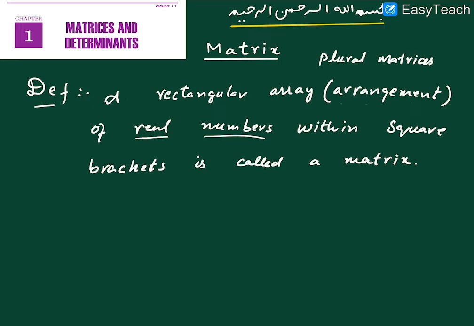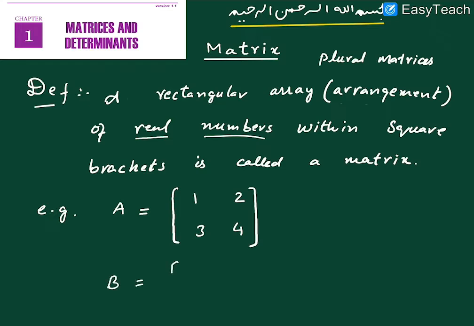For example, we have a matrix A. You can say its elements are 1, 2, 3 and 4. So this is a matrix. Or you can take another example.